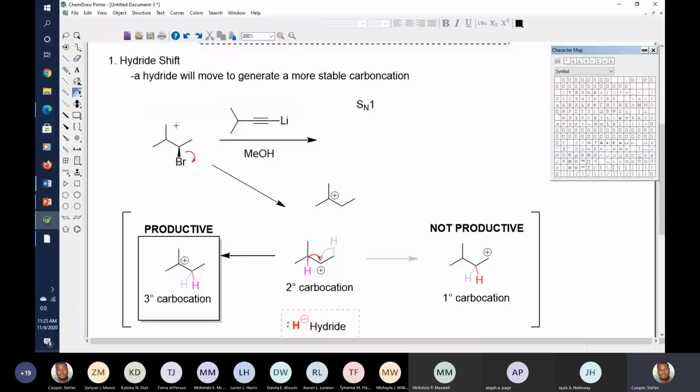Actually, I'm not going to show the nucleophile attacking. Let's follow that with your mind. And that's going to give me my new product. Sorry, I can't get my mouse to work correctly here. That looks like this.